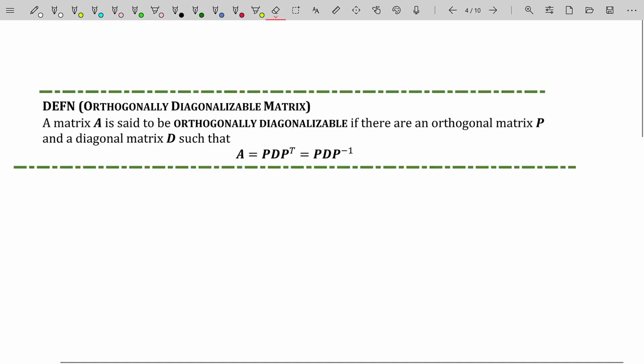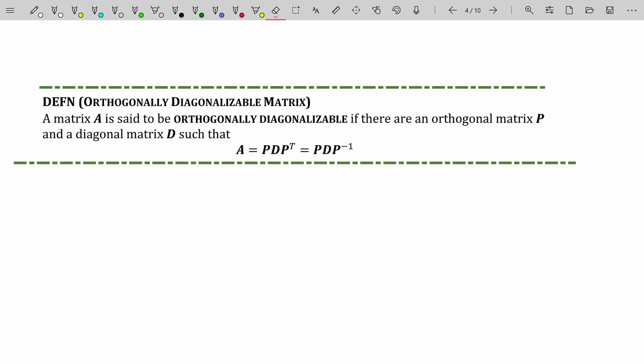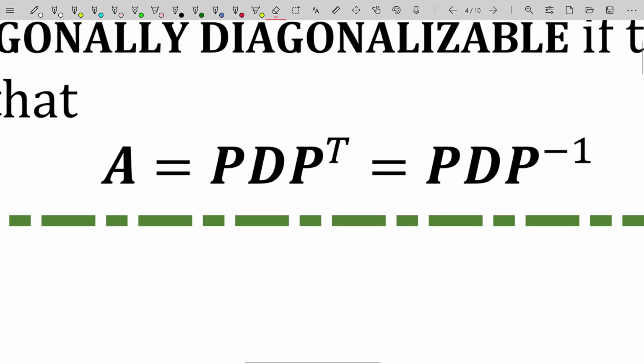So a matrix is said to be orthogonally diagonalizable if there is an orthogonal matrix P and a diagonal matrix D such that A can be decomposed into P times D times P transpose, which is P times D times P inverse, because P is an orthogonal matrix, and if you have an orthogonal matrix, P transpose is equal to P inverse.